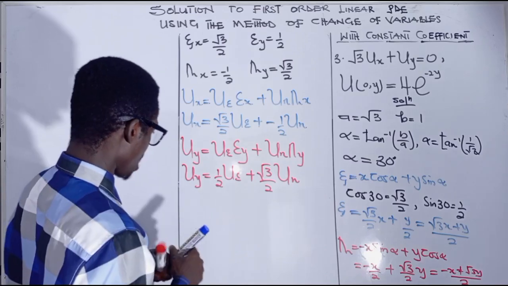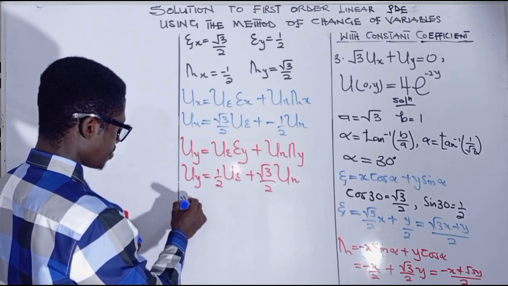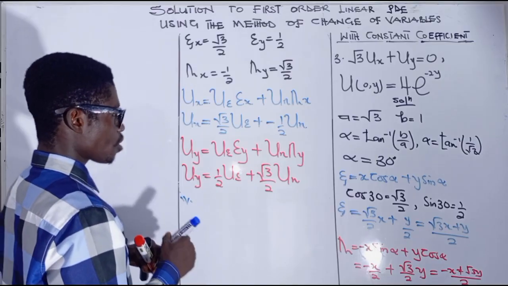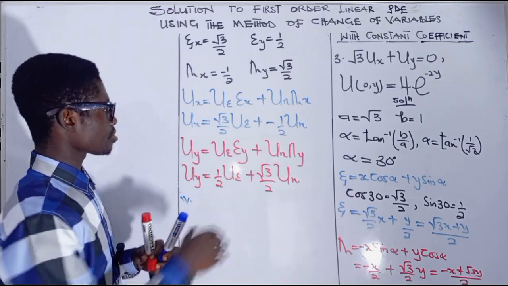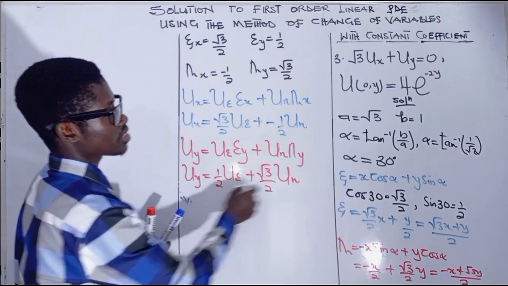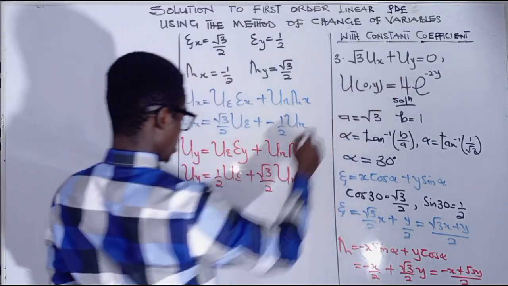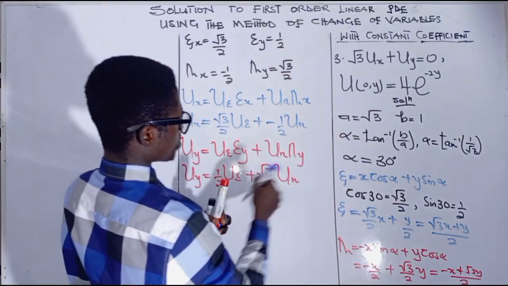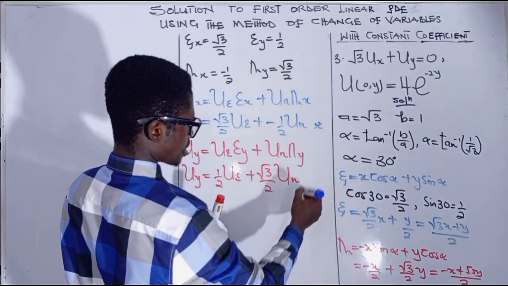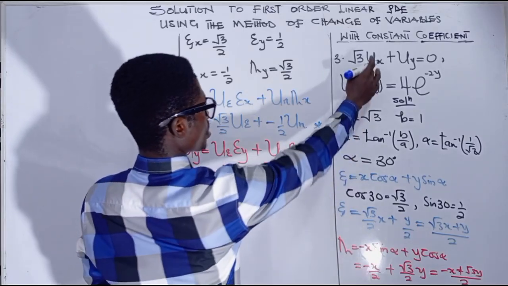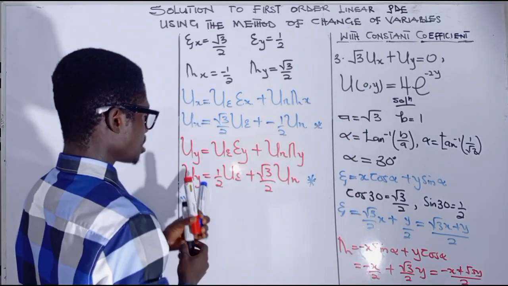So once we are done with this, we move on to the fourth step. So the fourth step, I always write it very, very significant. So with the fourth step, we say that substitute ux and then uy into the equation that was given. So we are going to substitute this and then that into the equation that was given. So the equation that was given is what?